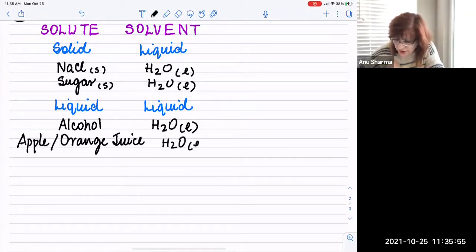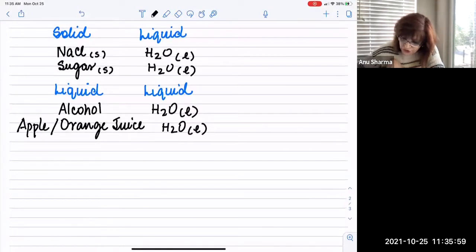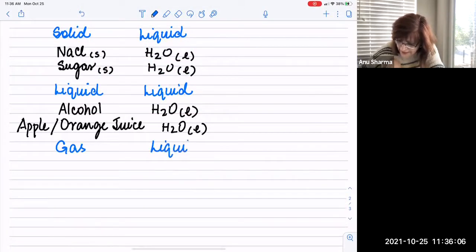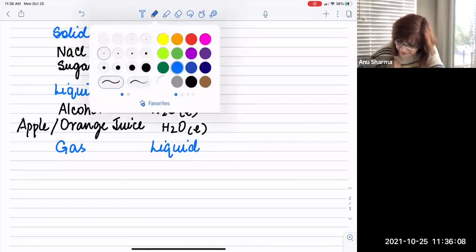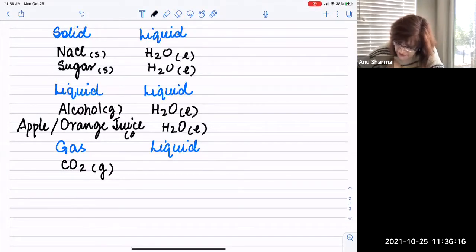So that is also a solution. A little bit of one thing in a large amount of something will make a solution. Next is a gas bubbled in a liquid. For example, carbon dioxide is bubbled in most sodas. Carbon dioxide is a gas. This is a liquid. This is also a liquid.